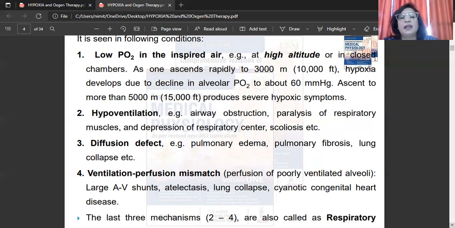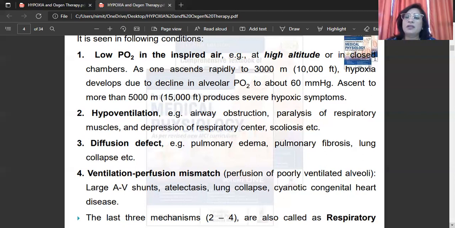Now let's see the other conditions. Hypoventilation. In which conditions can hypoventilation occur? Like airway obstruction, paralysis of respiratory muscles, any depression of the respiratory center, or scoliosis.